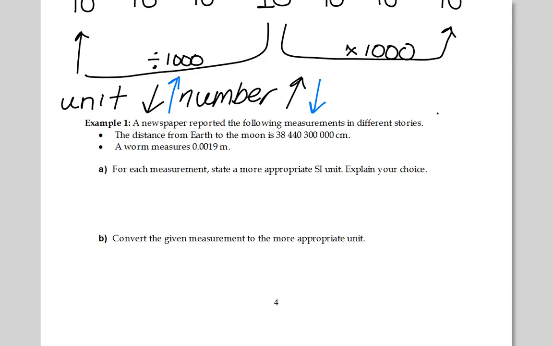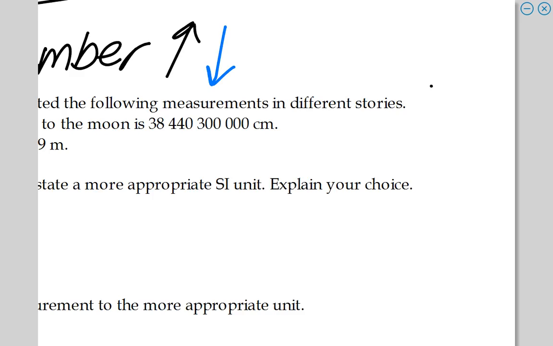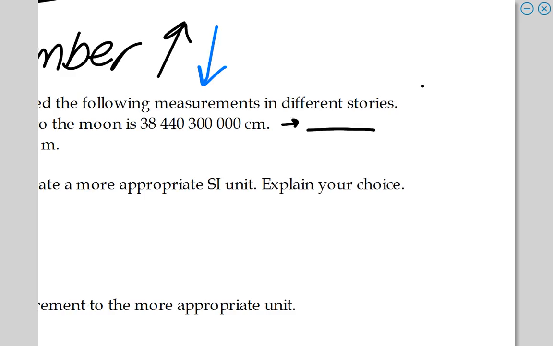Okay, so let's do that. I want to convert this unit into kilometers. So did my unit get bigger or smaller? Centimeter to kilometer. The unit got bigger, so the number should get smaller. So do I times or divide? Times by 10, you get larger. Divide by 10, you get smaller.